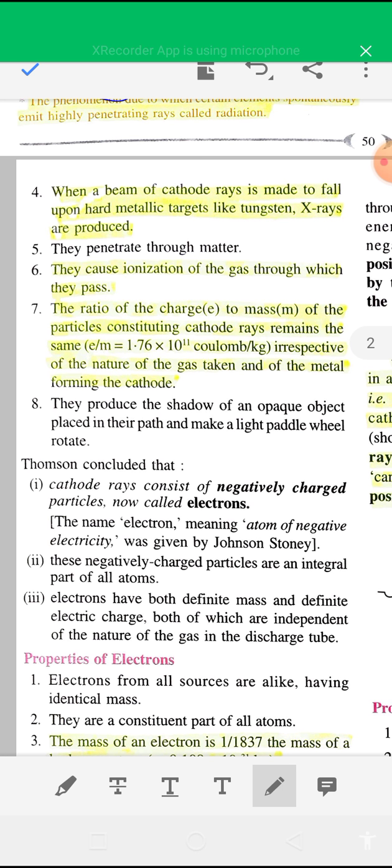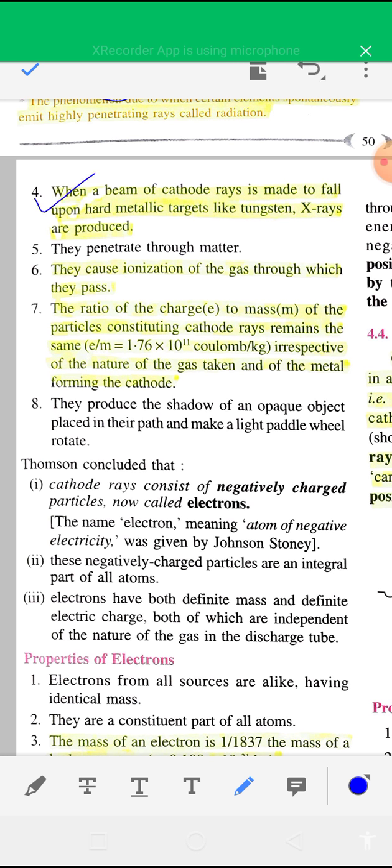When a beam of cathode rays is made to fall upon a metallic target like tungsten, X-rays are produced. Cathode rays can cause ionization of the gas through which they pass, and the ratio of charge to mass of the particles constituting cathode rays remains the same.